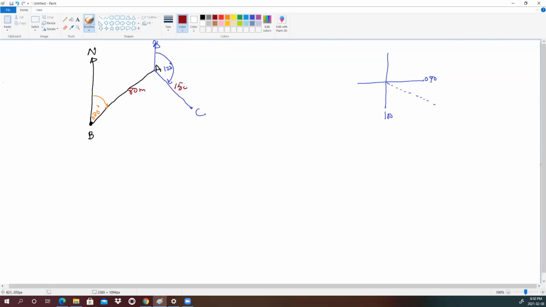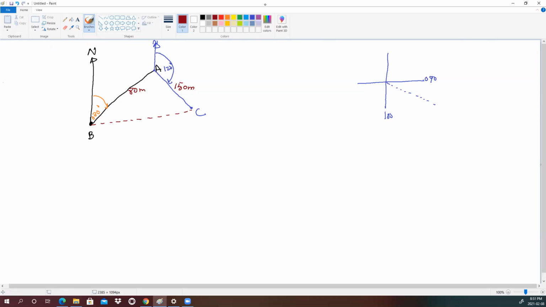So this is 150 meters. It says, what is the distance of C from B? So C is here and B is there. I'm just going to draw this dotted line just to indicate that this is what is being asked of us to find. What is the distance of C from B? All right?